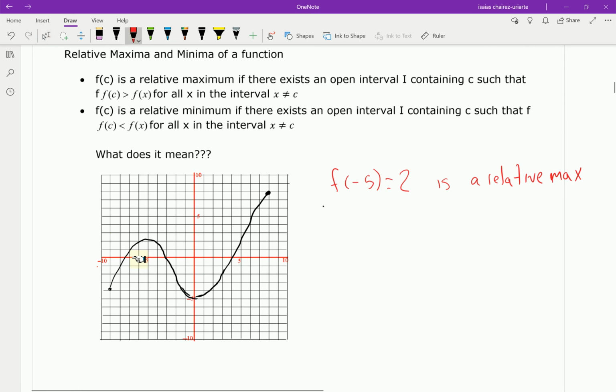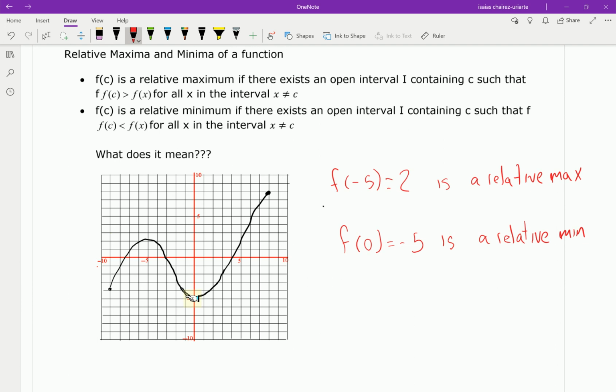And what about relative minimum here? I'm going to say that f of 0, so what is f of 0? If my x is equal to 0, my y is about -5. So -5 is a relative minimum value.